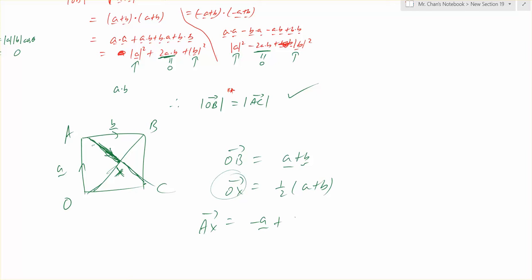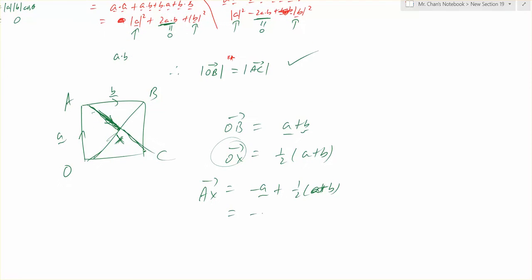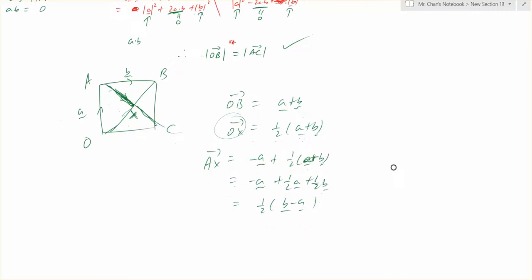OX is given by a half of A plus B. So negative A plus a half A plus a half B. So what we have is a half of B minus A. I'm going to make sure I put my lines on my vectors.